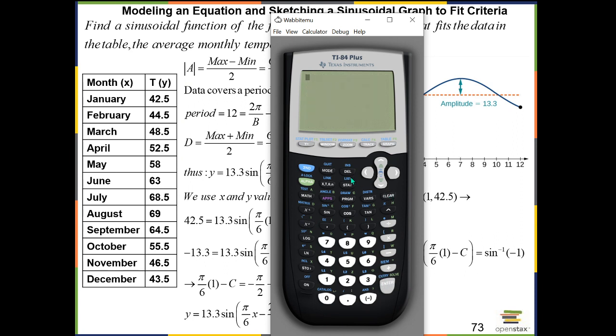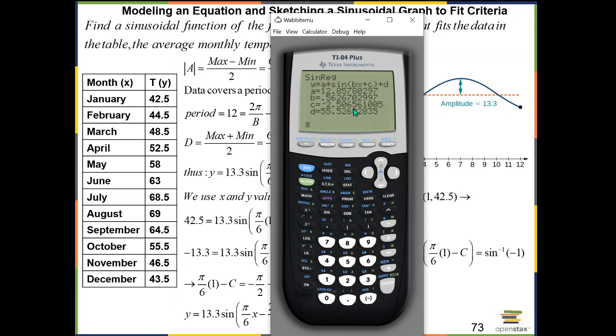Stat, Calculate, sinusoidal regression, and then you put L1 comma L2 right after it, and it takes a few seconds. You see, it found a sine bx plus c plus d for you. These are A, B, C, Ds.